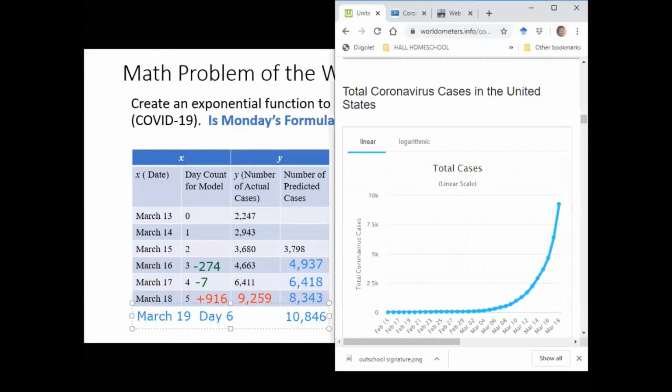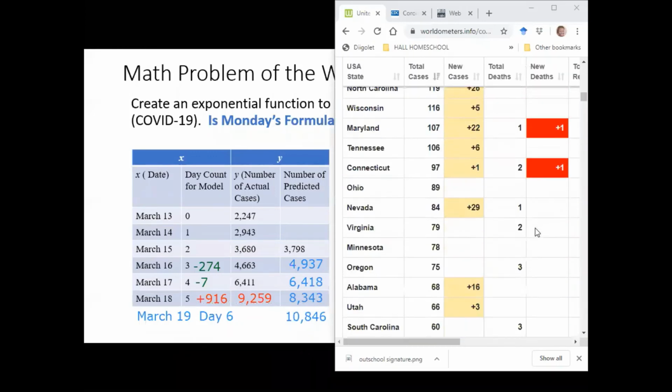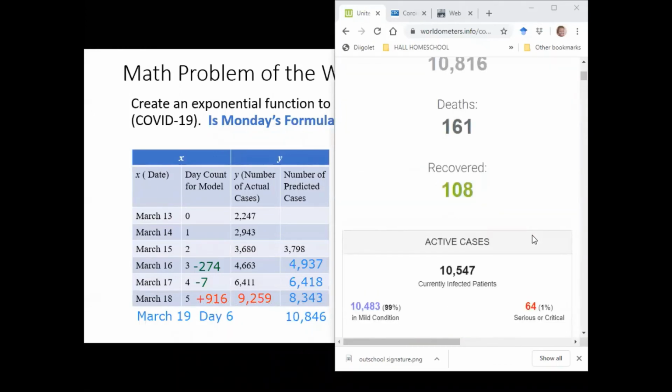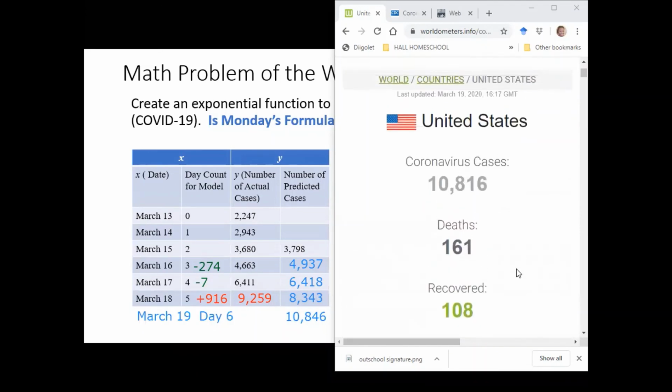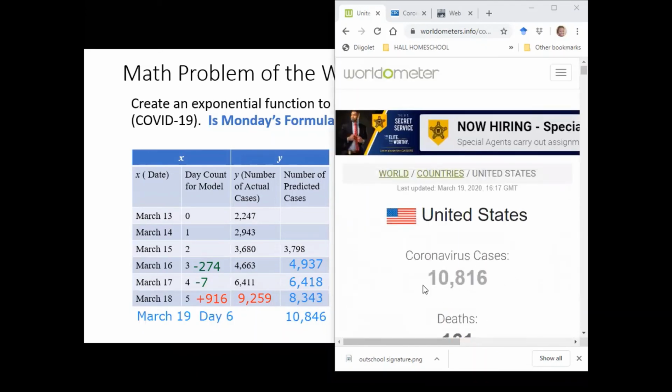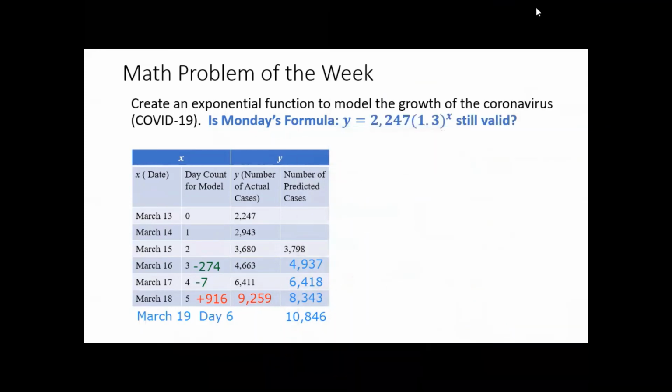All right, so for today, March 19th, let's look at how many cases we have currently right now. We're still following the curve. So to answer the question, is Monday's formula still valid? I would say so. I would say it's still valid.